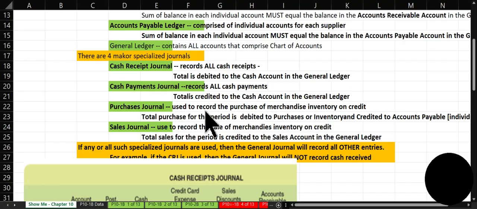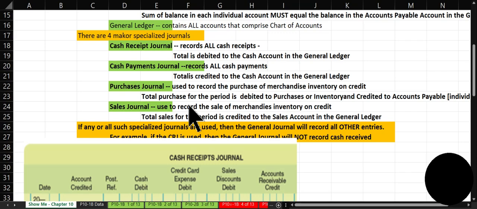So you can see that we're not changing the way that we record transactions. We are simply trying to make it easier to get to the information by categorizing.